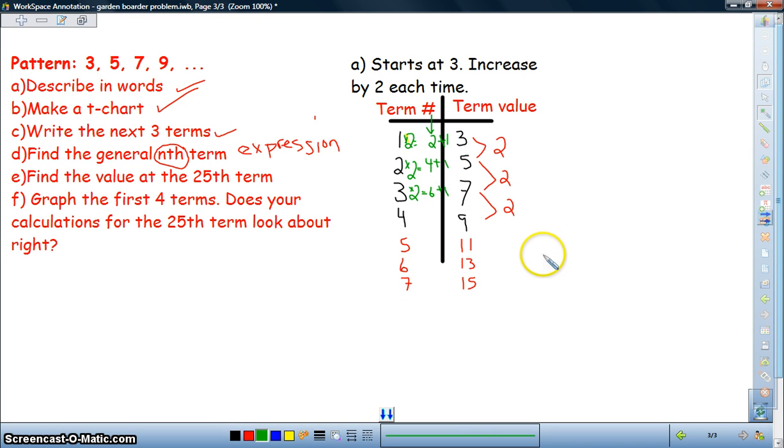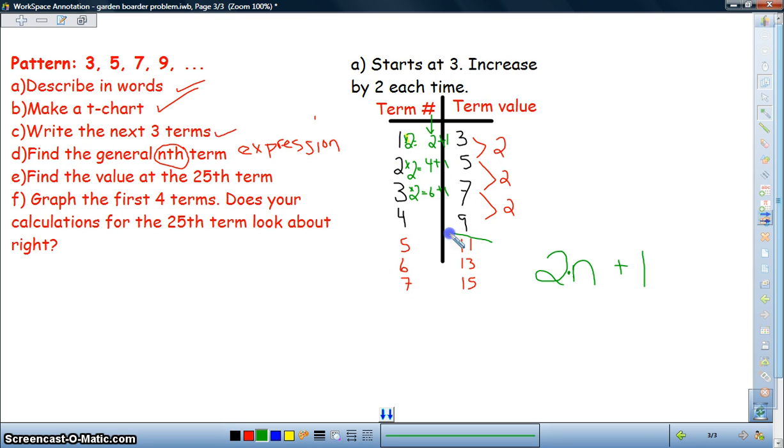So I can say that I have a coefficient, or a multiplier, of 2 times my term number plus my constant of 1. Every time I added 1, and every time I multiplied by 2. So I can multiply, remember that dot means multiplication, 2 by any term number, add the 1, it'll get me the value in this column.